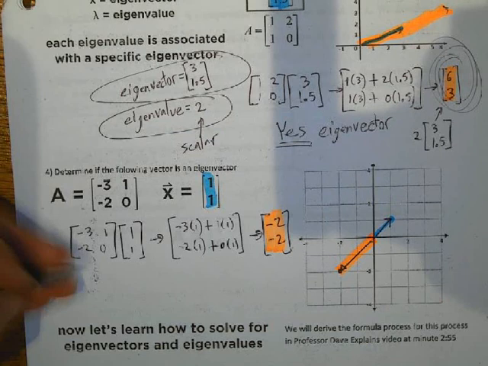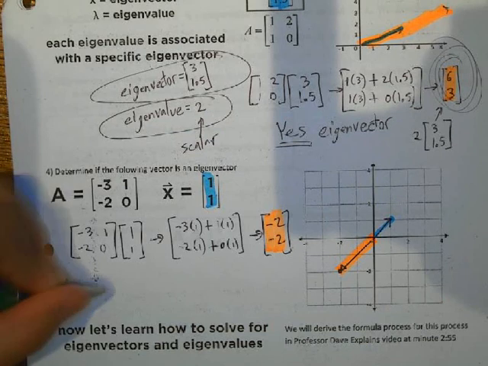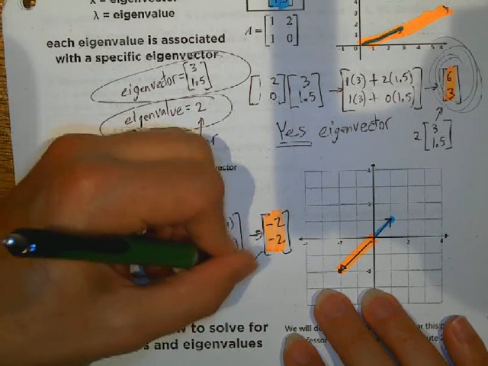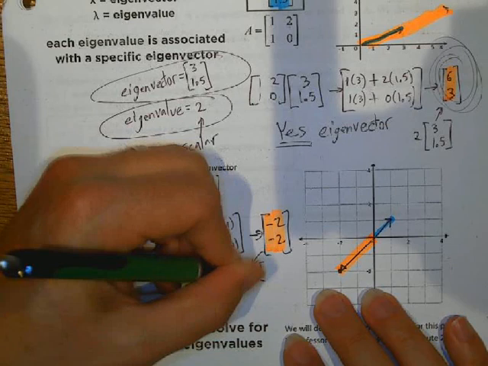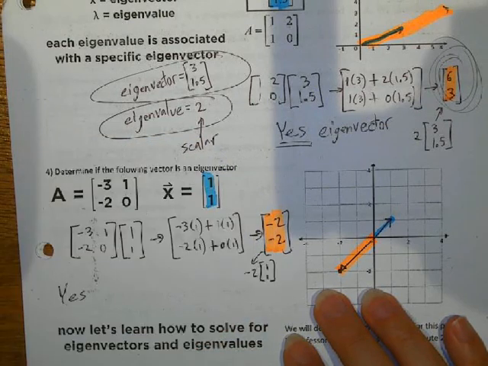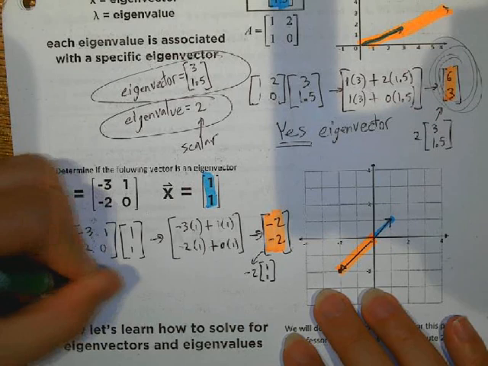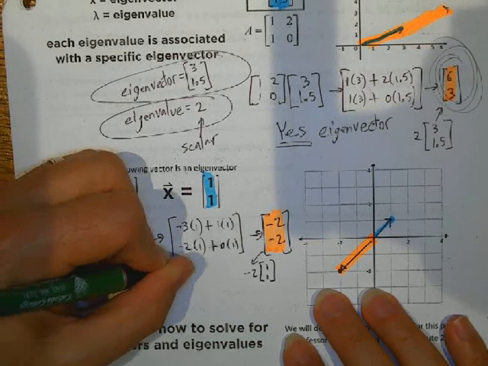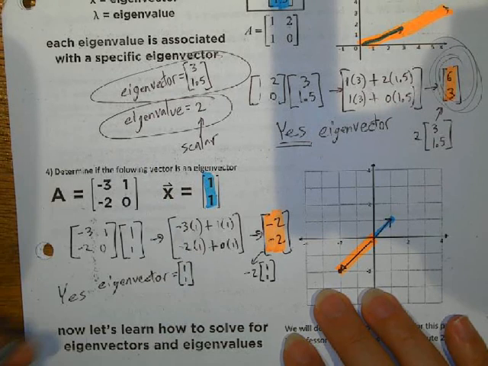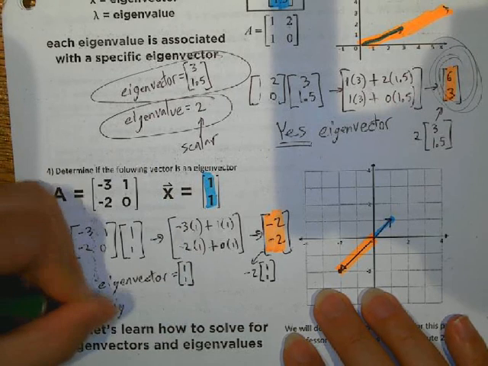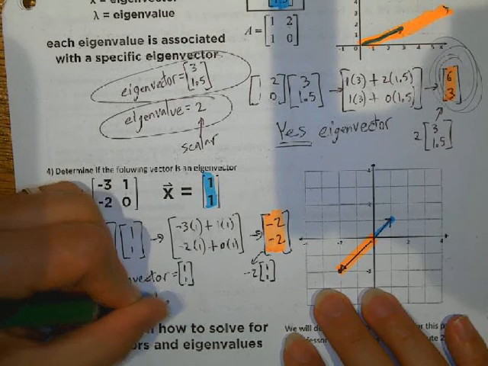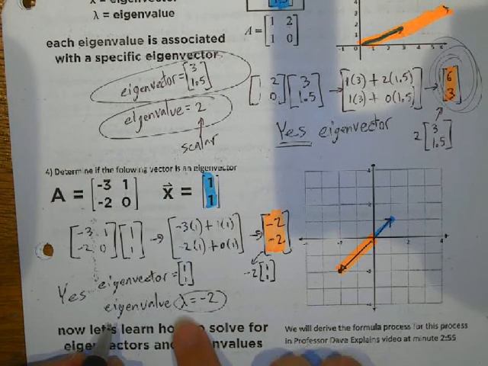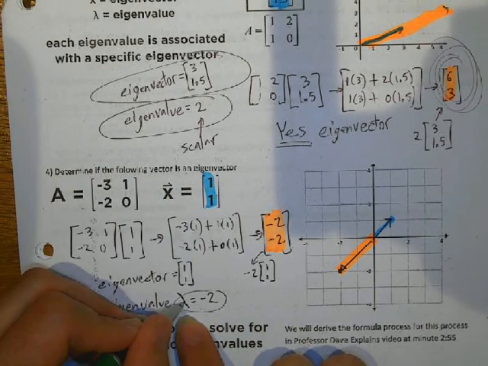Yes. And so this is -2 times 1, 1, right? So the eigenvector equals 1, 1, and our eigenvalue is -2. I'm going to start using the symbol here because this is the symbol we use for eigenvalue.